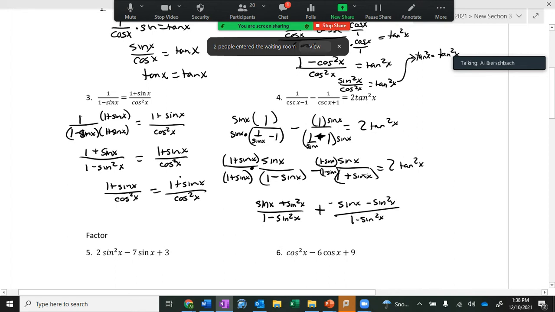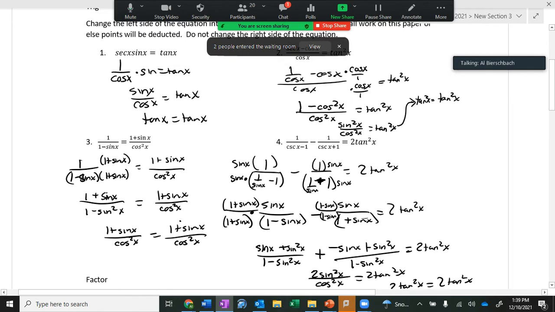So if I distribute my negative sign through my numerator, sine of x minus sine of x cancels, so I get 2 sine squared of x. 1 minus sine squared is cosine squared of x. So 2 tangent squared of x equals 2 tangent squared of x.